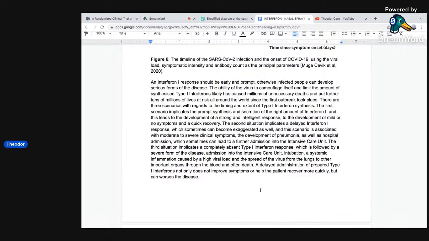So if you have a healthy type 1 interferon response, you automatically have a sharp adaptive immune response. You have very good antibodies, you have properly trained T cells, you have properly divided and trained plasma cells and memory cells.